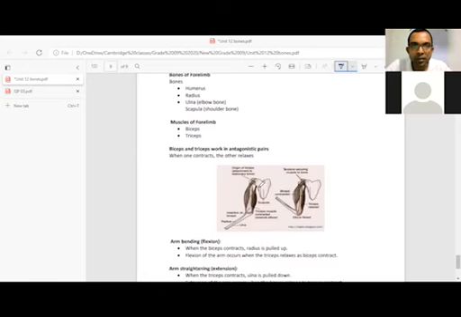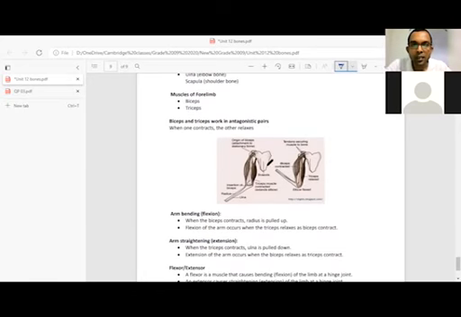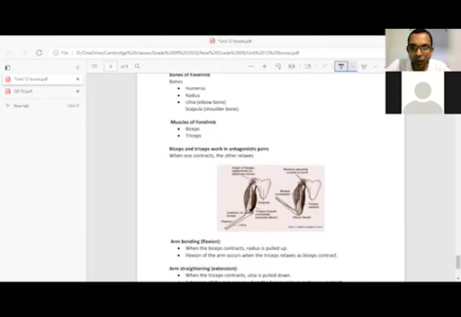Here it is given. You can see this is the scapula, and this one is the humerus bone, a single bone, and then we have two bones.